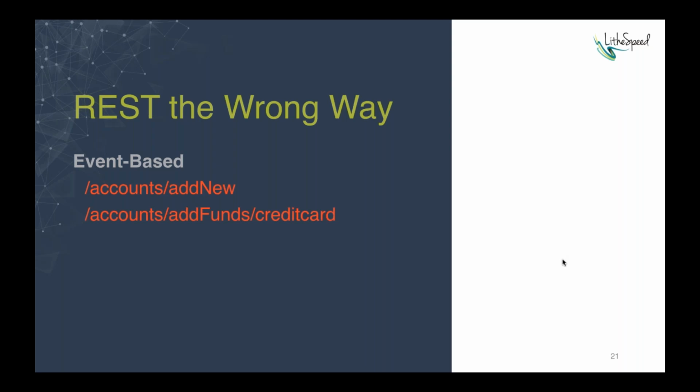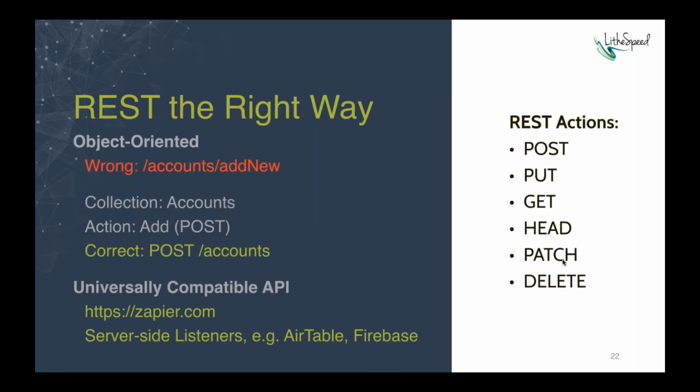And so then that gives us a page. We make the connection out to Stripe or something like that to authenticate against the credit card. Those are all things that we call event-based. So there's an event that happens, like we're adding something new, we're adding funds. That's an action, that's a verb that's happening. And that's event-based. But that's not how REST URLs were supposed to be created.